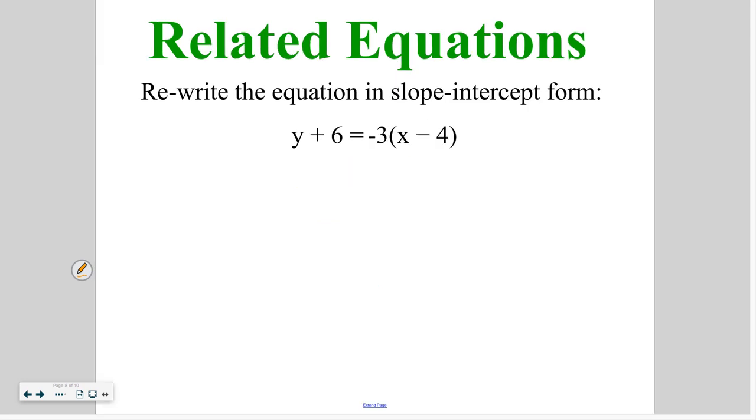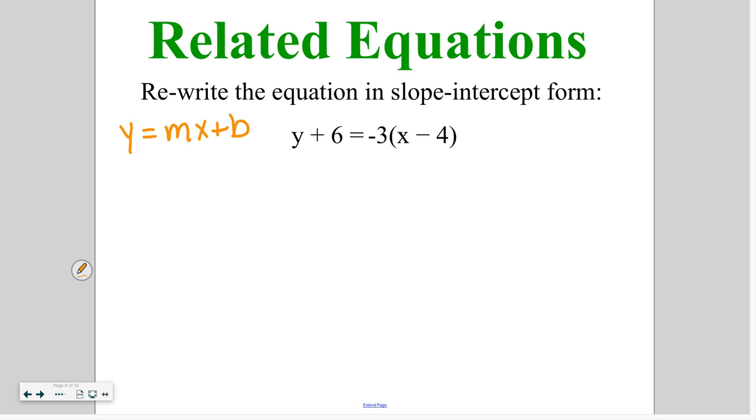We can also rearrange our point-slope form into our slope-intercept form. Quick reminder, slope-intercept is y is equal to mx plus b. There are none of those special rules for slope-intercept form, so fractions are okay, decimals are okay, negatives are okay.